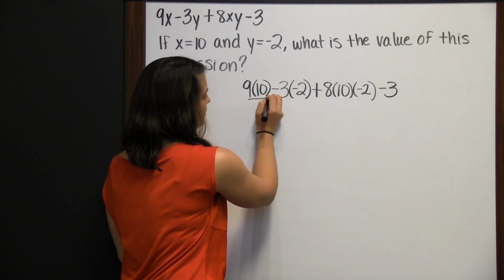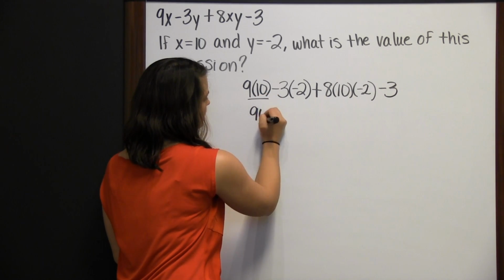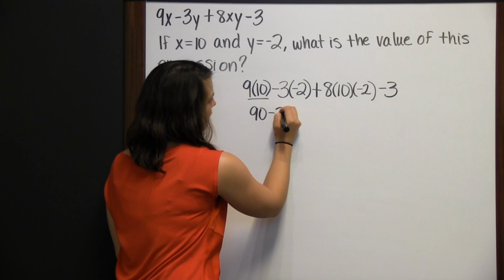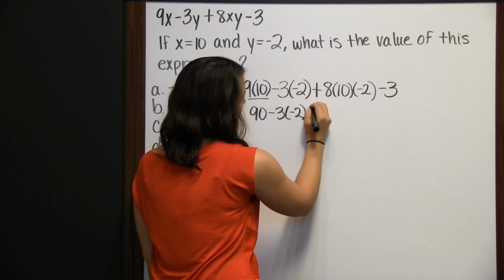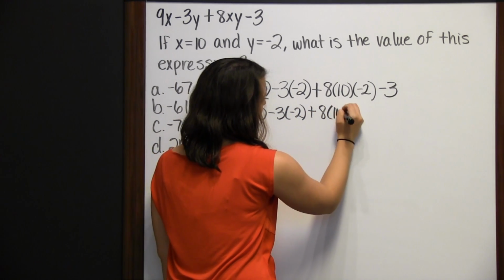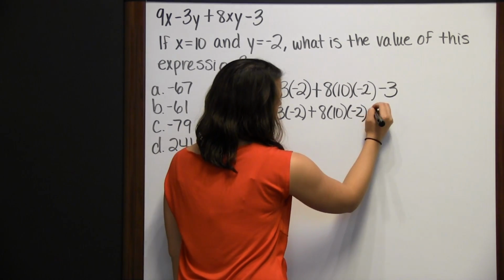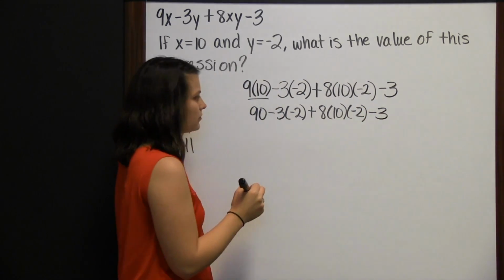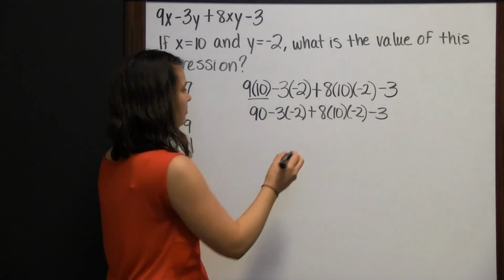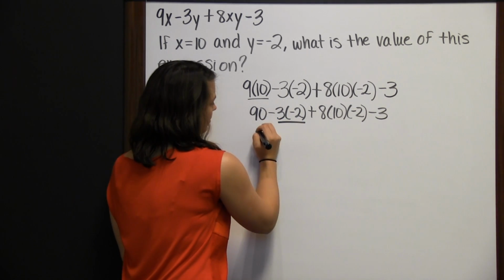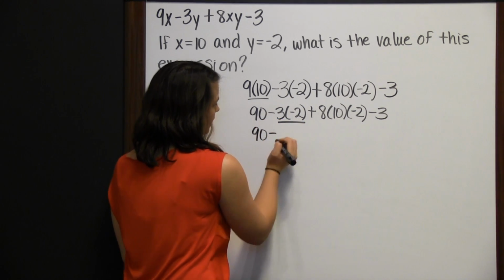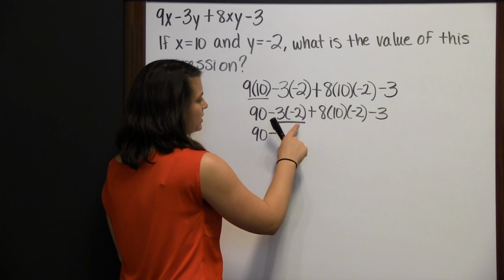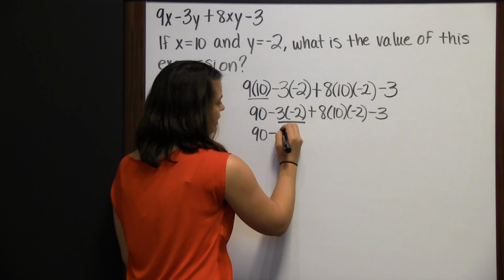Starting at the left, we have 9 times 10, which is 90. Minus 3 times -2 plus 8 times 10 times -2 minus 3. Our next set of multiplication would be right here. So I'm going to bring down my 90 minus 3 times -2 is -6.